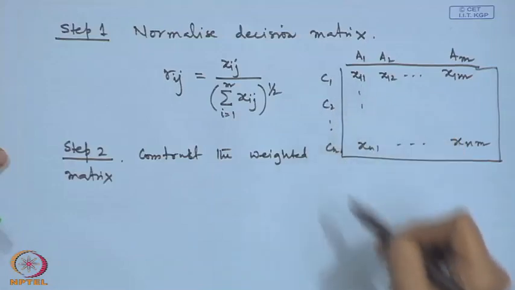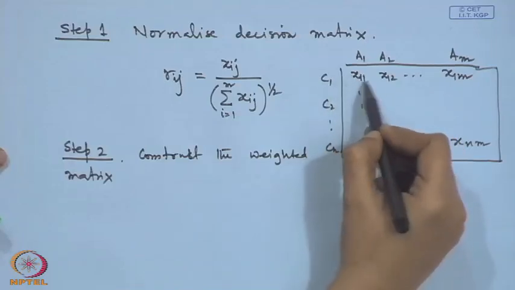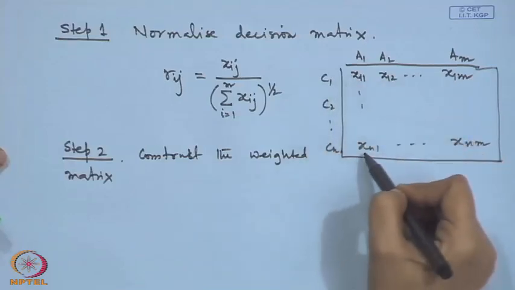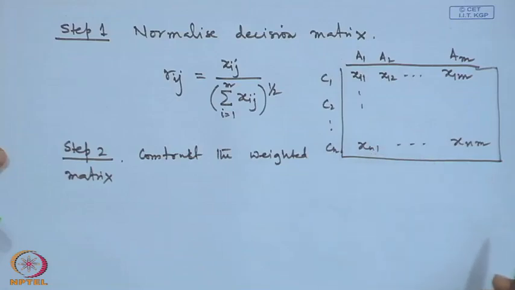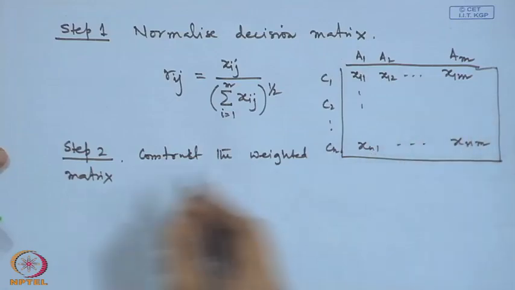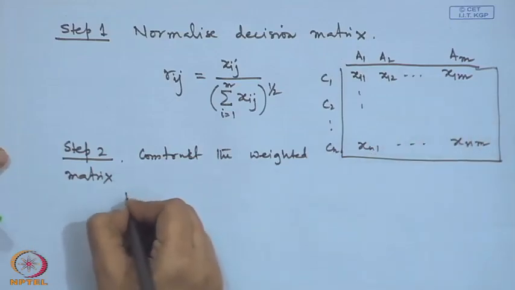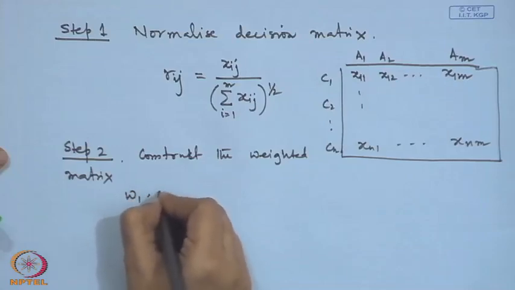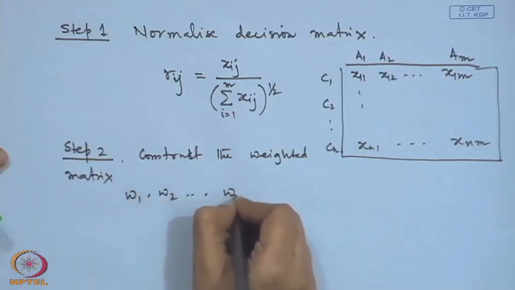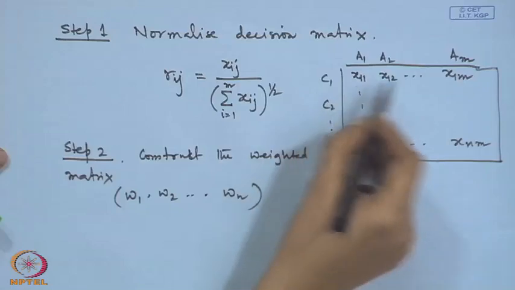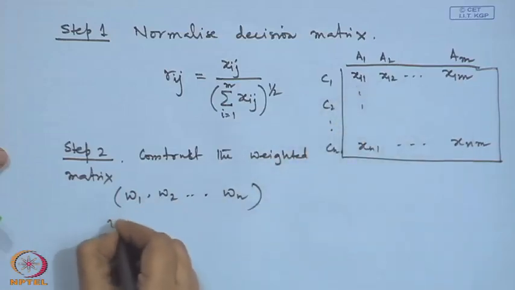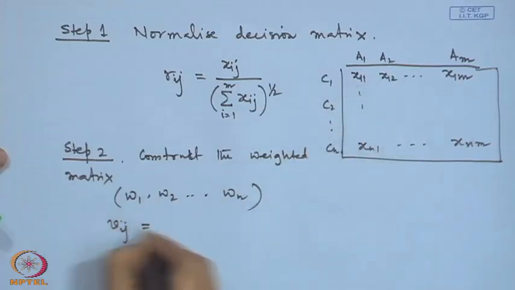From x11, the next matrix we get is R11, R12, R1m, etc., and these values are all between 0 and 1. If we have the information regarding the weights of all attributes, then we will multiply and get another element for this matrix, Vij.